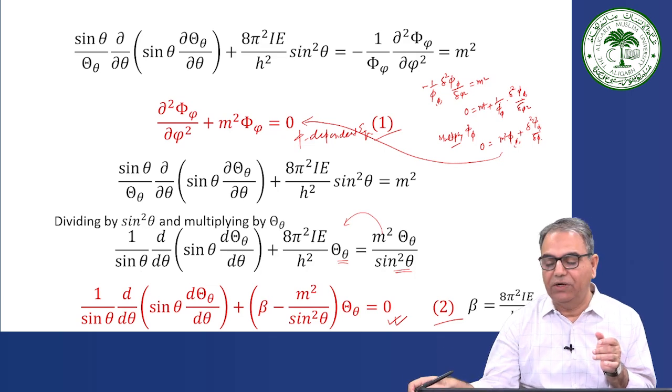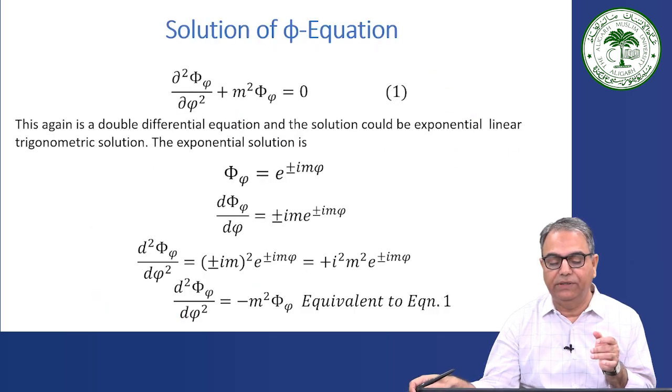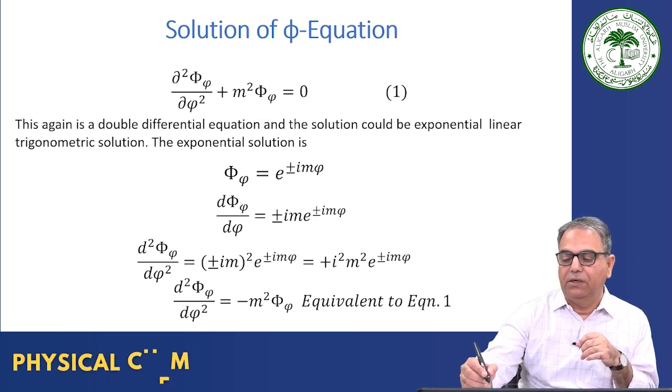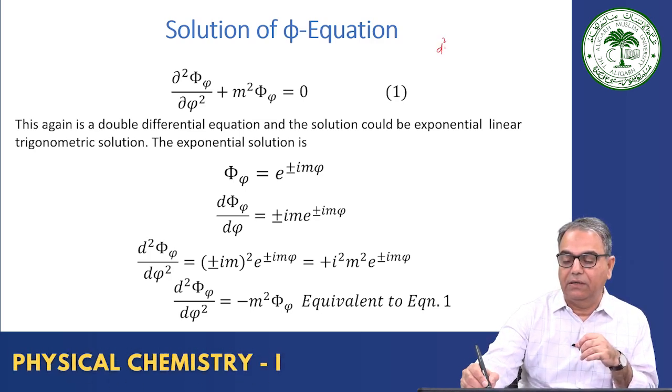Okay, and this you have already done, so let's play with the phi equation. This equation, if you look very closely, you are already aware of an equation, d square psi by dx square plus k square psi is equal to 0.